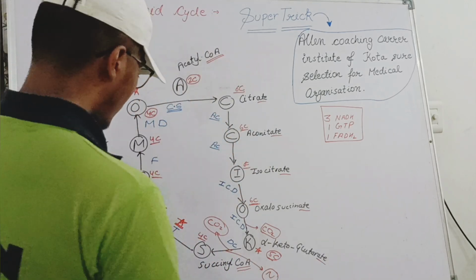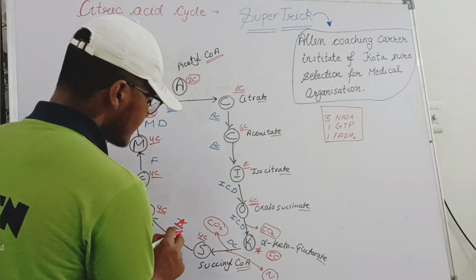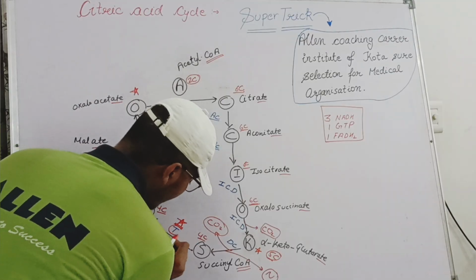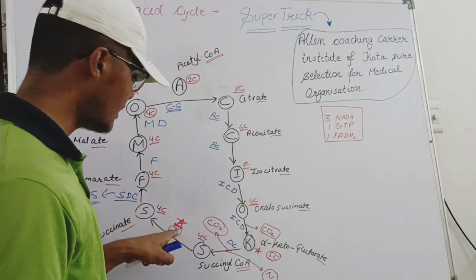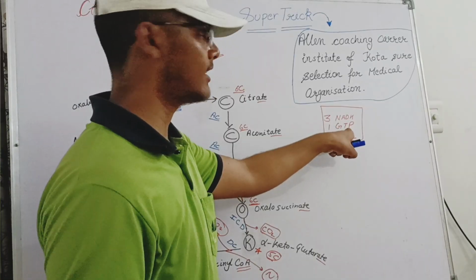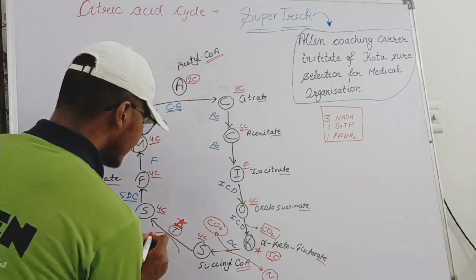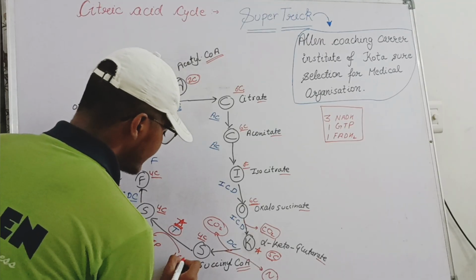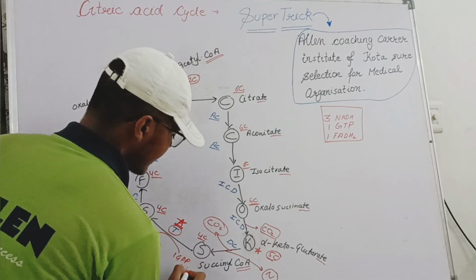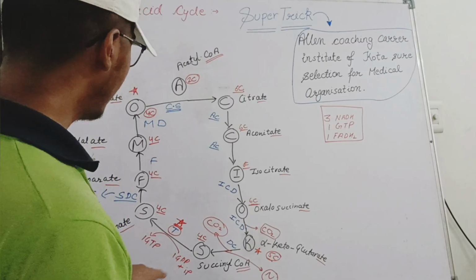The next step also, as we know, here comes T. This is a trick. Here comes T. In the cycle there is no T except this T and this T. So we can remember this. One GTP molecule will form from one GDP plus inorganic phosphate. Okay, now let's move further.